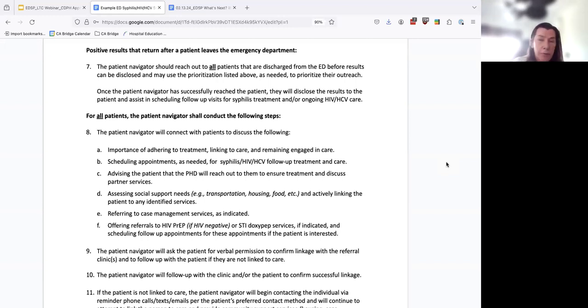Because when individuals don't know they're positive, they can go on and transmit to somebody else unknowingly. So getting that result to them would also be a priority. So I think we'll make one revision to the prioritization above, which is the first priority should be anyone who has not yet been disclosed to.